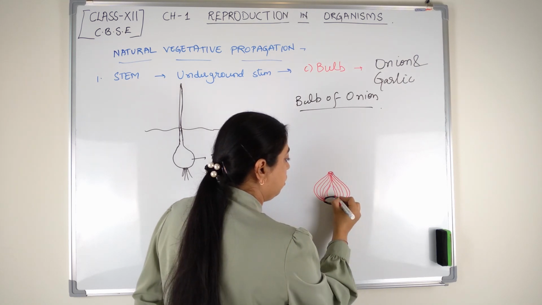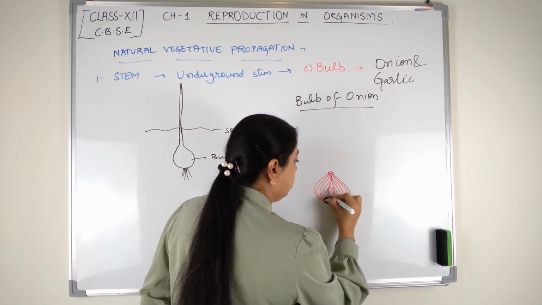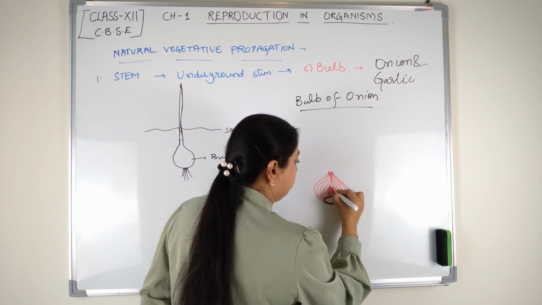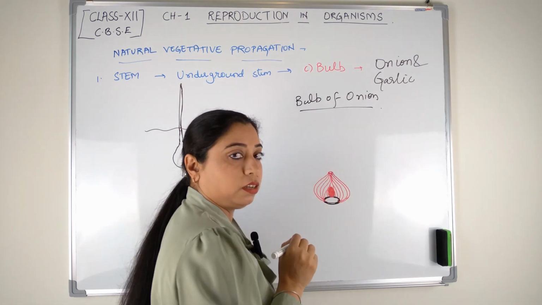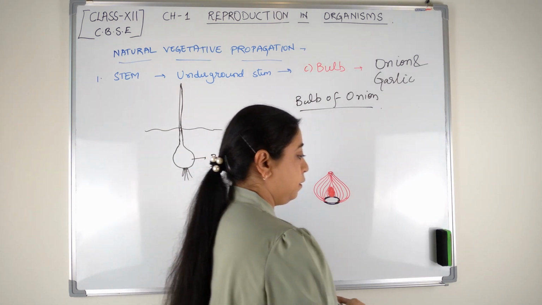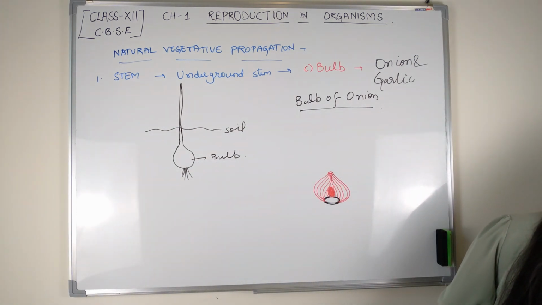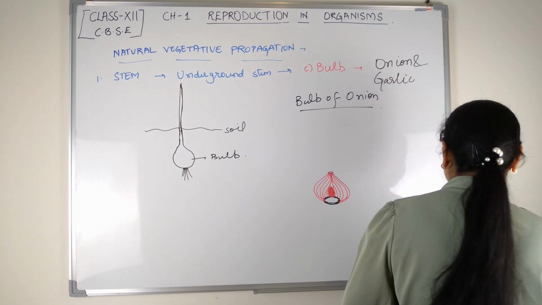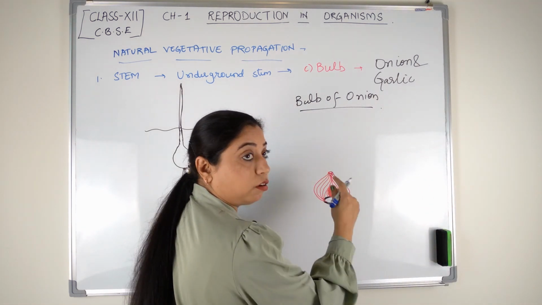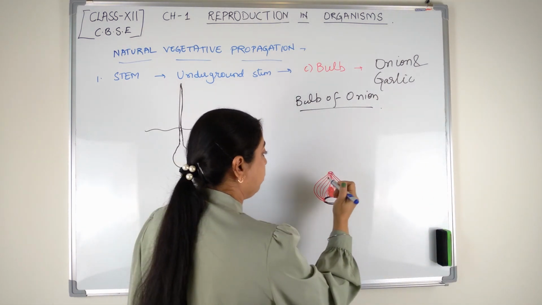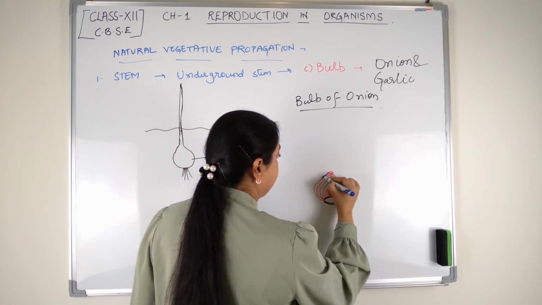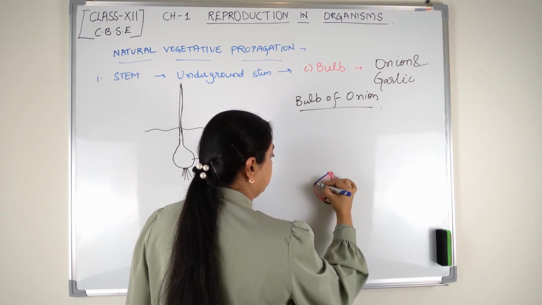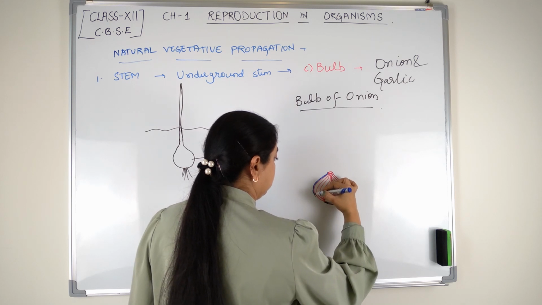And at the center, somewhere here, they enclose a bud. Outside the scaly leaf, there is a covering, a papery covering, which is known as tunica.